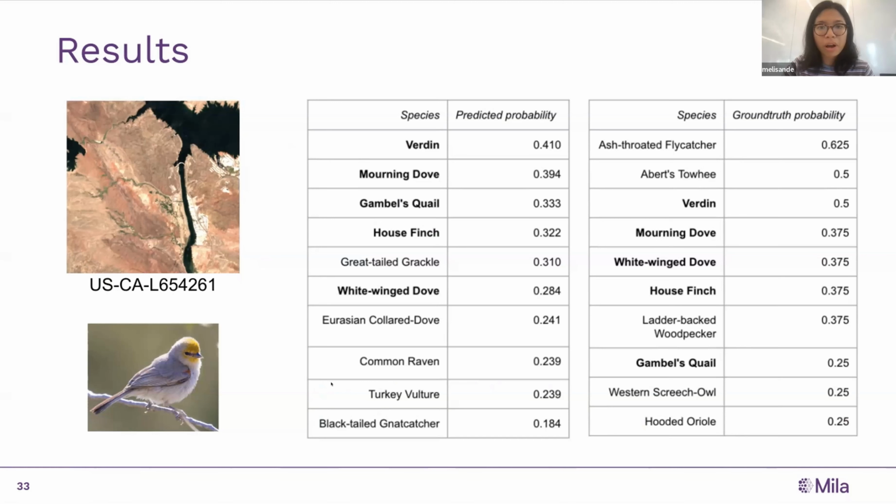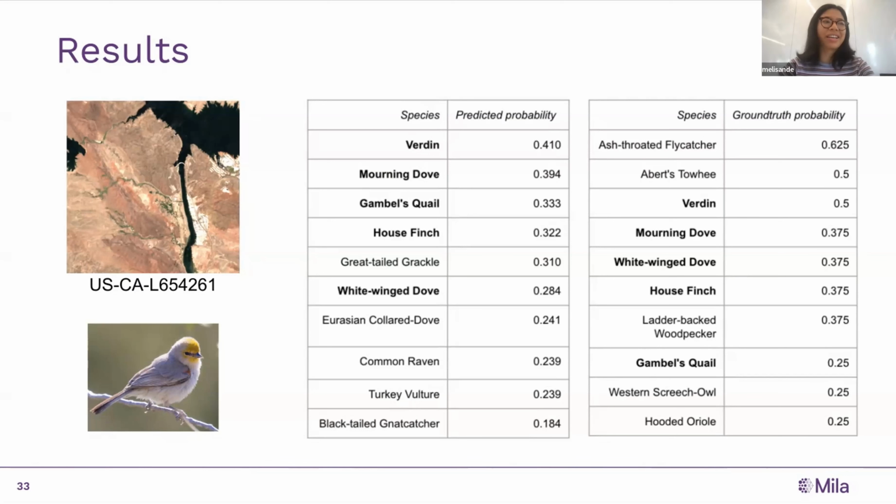The table on the left is the top 10 predicted species of our model, and the one on the right is the top 10 ground truth species ranked in terms of encounter rates. And the verdin is predicted in both of them with among the highest encounter rates.